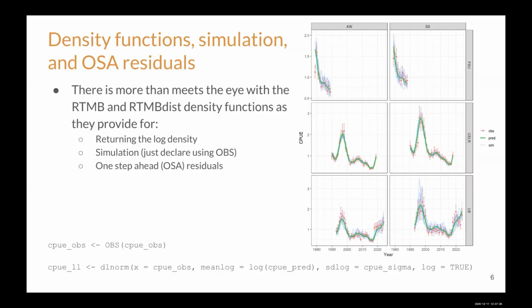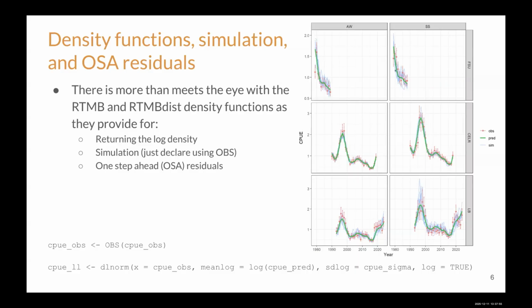So, here's an example of me in a rock lobster stock assessment fitting to some CPUE time series by season and year for a variety of different data sets. The data are the red observation points, and then the model's prediction is in green.